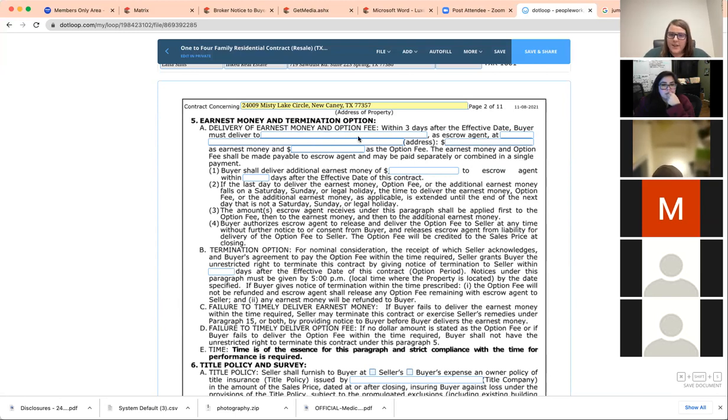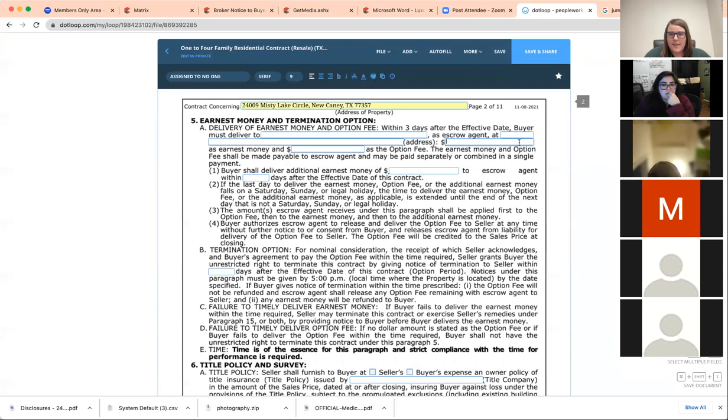This is the address. The first is the option or the earnest money amount, which is typically $1,000 or 1%, whichever is greater, or whatever your client wants to offer. It doesn't have to be 1%. A negotiating tool in a multiple offer situation could be a buyer willing to put more down for the earnest money.